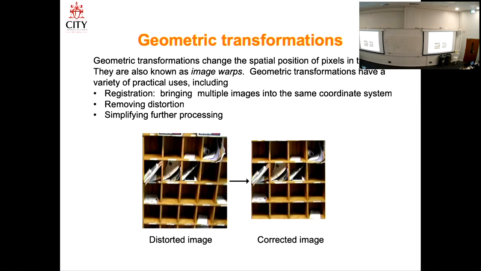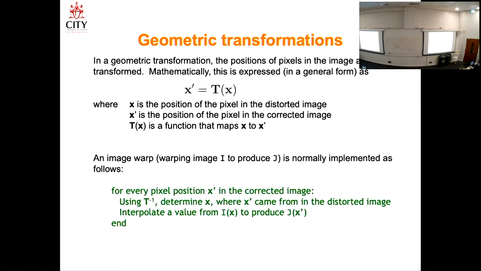We are no longer dealing with the intensity values. So we need an image warp. And in order to make this, for every pixel position x prime in the corrected image, using the transform T, I need to determine x, where x came from in the distorted image, and interpolate a value from I of x to produce J of x prime.